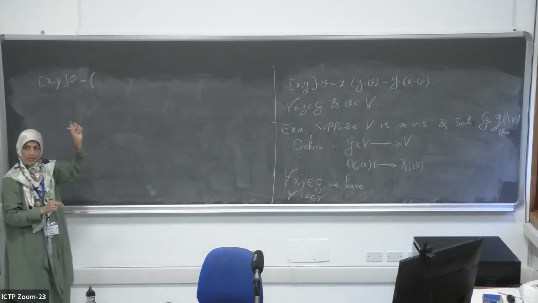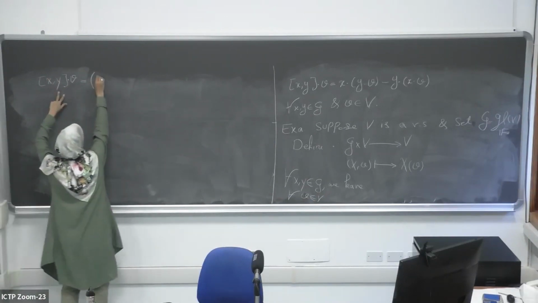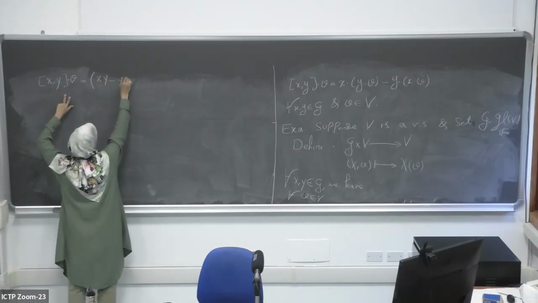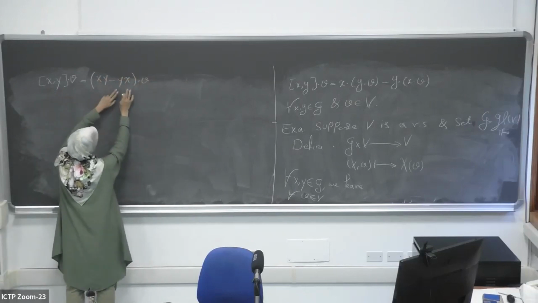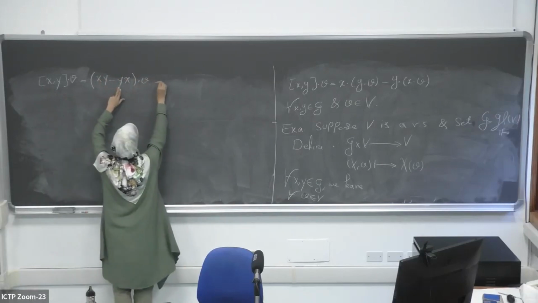It is just the commutator. So it is (xy minus yx) v, and x and y are just endomorphisms.